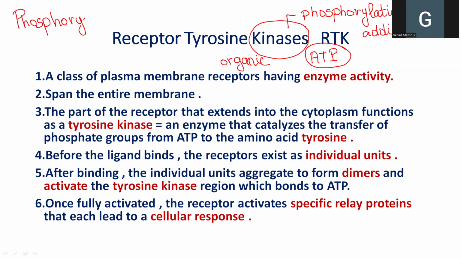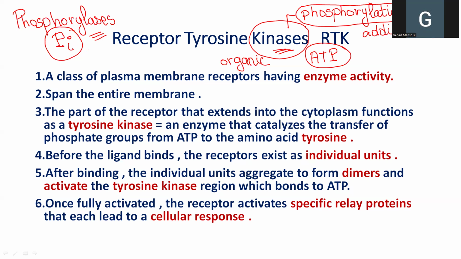They also add phosphate to the substrate, but they usually add inorganic phosphate, meaning that it's not derived from an organic molecule. As we said in the previous video, phosphorylation is very important, whether through kinases or through phosphorylases.